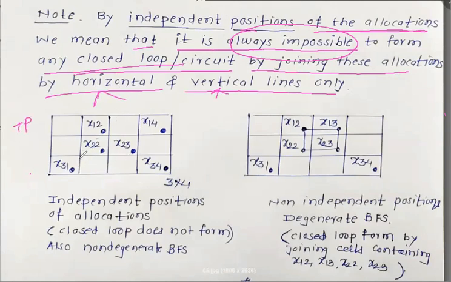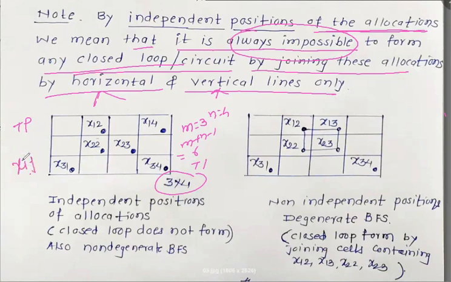How many rows are there? 3 rows, 4 columns, a 3 by 4 transportation problem. So m is 3, n is 4, m plus n minus 1 means 7 minus 1 is 6. Suppose we get the solution x12, x14, x22, x23, x31, x34.